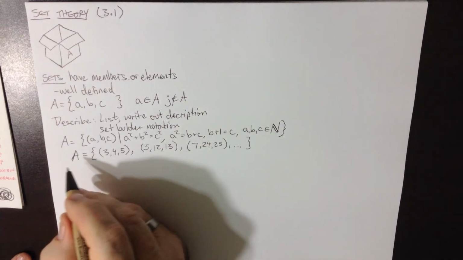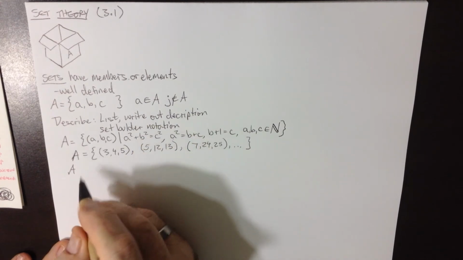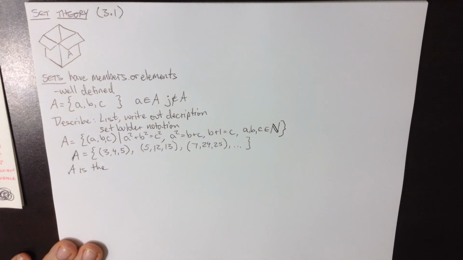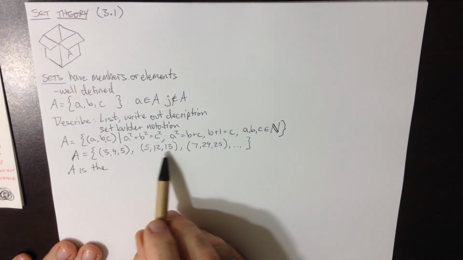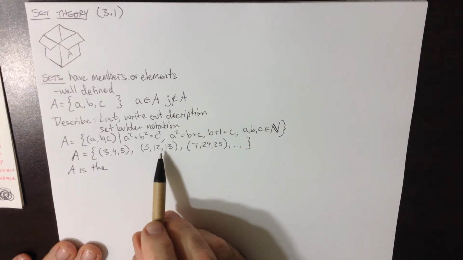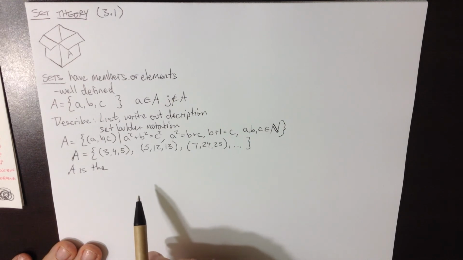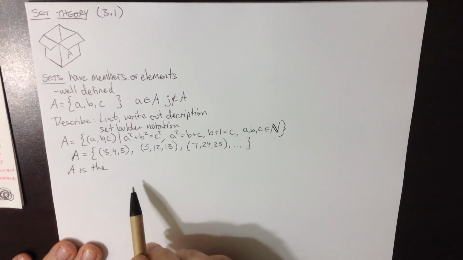And then if we wanted to write out the description, we would say A is the set, and you can just listen to me, I think. A is the set of Pythagorean triples such that a squared plus b squared equals c squared, but also the shortest side squared is equal to the sum of the other leg and the hypotenuse, and the hypotenuse is always just one more than the longest leg.